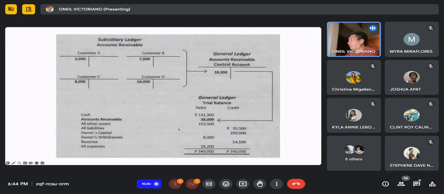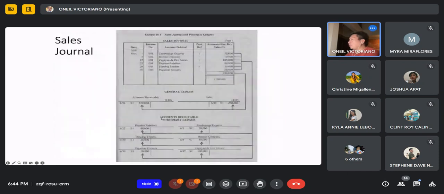Sorry, trial balance accounts receivable. Another example here is sales journal posting to different ledgers. So you have the sales journal here that's posted to different ledger accounts, AR and sales. And then it goes from different subsidiary ledgers from these different accounts.